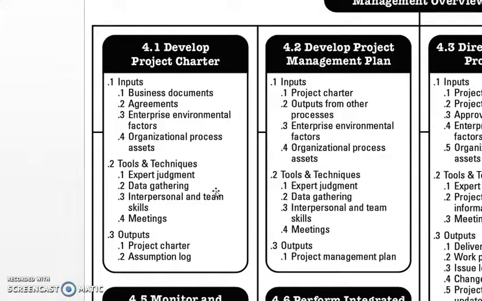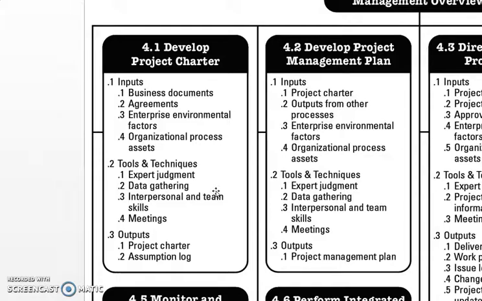Then tools and techniques. Number 1 is expert judgment, 2 data gathering, 3 interpersonal and team skills, 4 meetings. Subject matter experts may be available in-house or outside of your company.